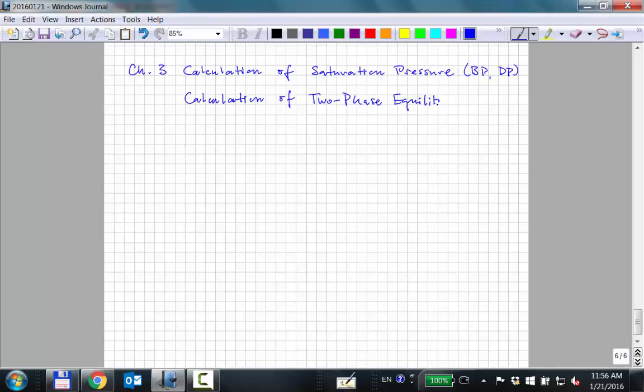We usually call that a flash. To find out from the composition at pressure and temperature how many moles of vapor do you have, how many moles of liquid you have, and what are the compositions of the two phases.